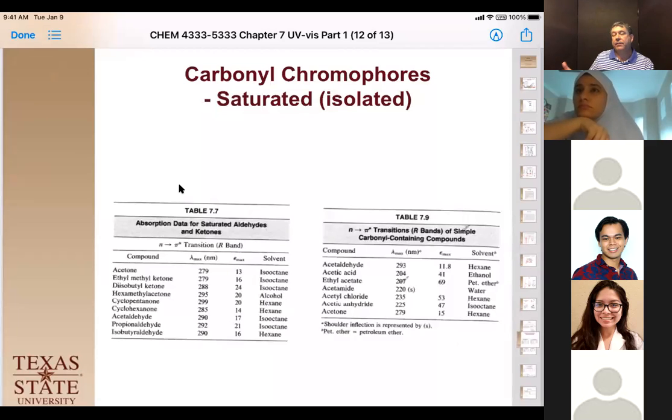So just having a carbonyl in a compound like a ketone gives rise to that non-bonding to pi transition. Remember that non-bonding is above the energy of the pi orbital, so it's a smaller gap to go from the non-bonding to the pi. But again, it is a very low energy absorption, and it has a very low extinction coefficient.